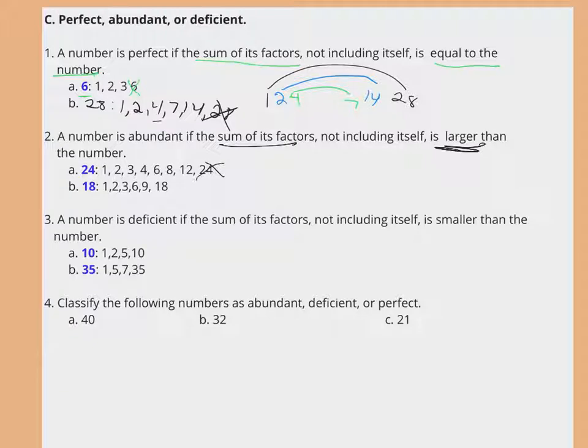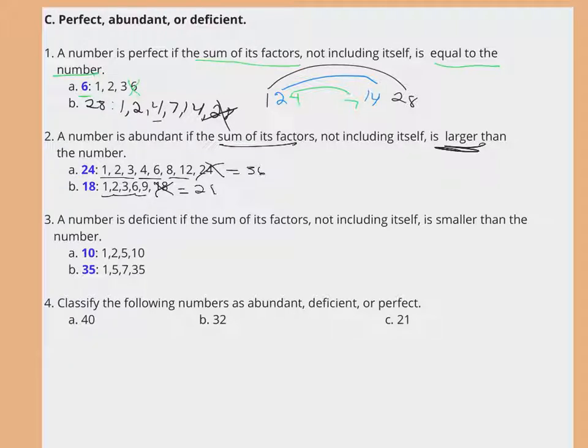We're not going to include 24, but if we were to add up our totals, we have 36. So the sum of those factors is bigger than the number that I was starting with, the 24. If I look at 18, I have the factors 1, 2, 3, 6, 9, and 18. I'm not going to include the 18. 9 plus 6 is 15, plus 5 more is 20, so I have 21 here.